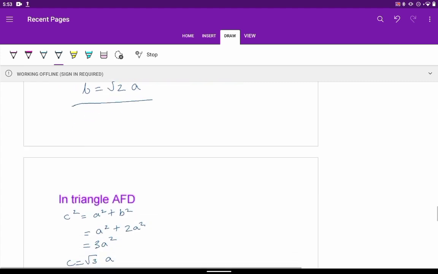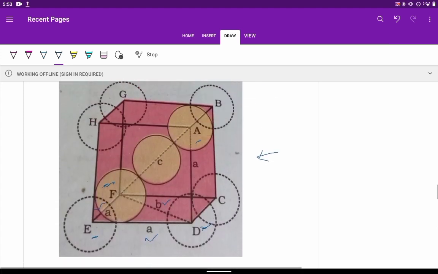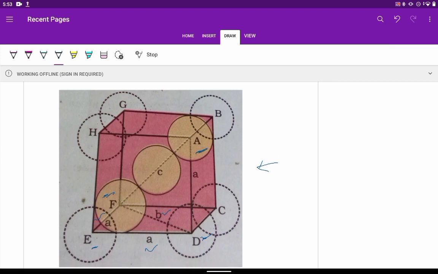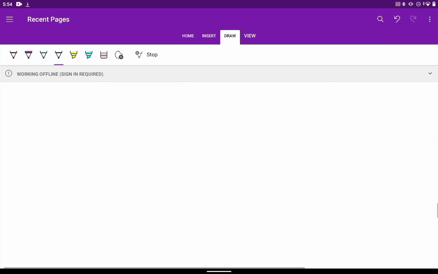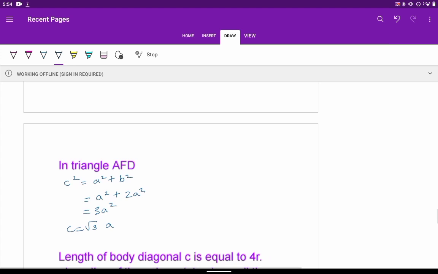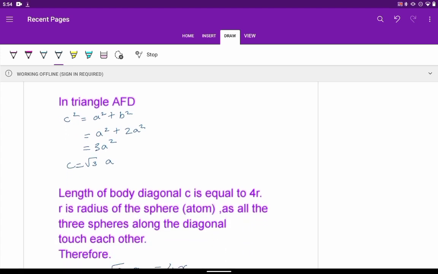In triangle AFD, C square will be equal to A square plus B square. But B square is 2A square, so it becomes A square plus 2A square, that is 3A square. So what will be C? C will be equal to root 3A.